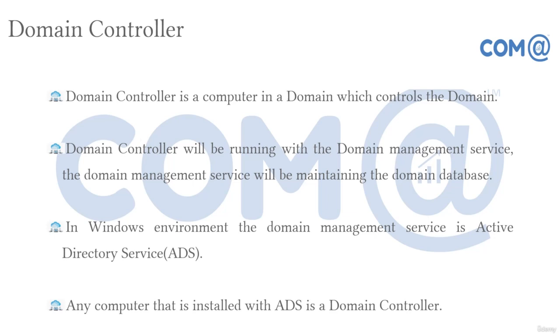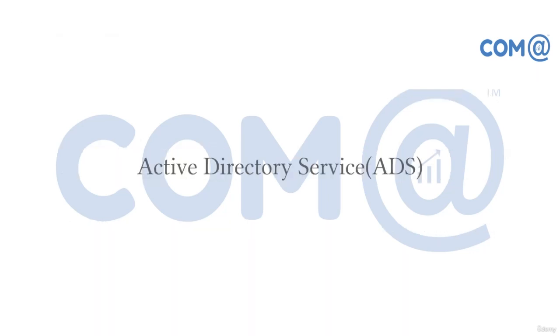In a domain, you may have multiple domain controllers: one primary domain controller and any number of additional domain controllers. In case of failure of the primary domain controller, you can bring up an additional domain controller as the primary so that we can run our domain environment without any disturbance.